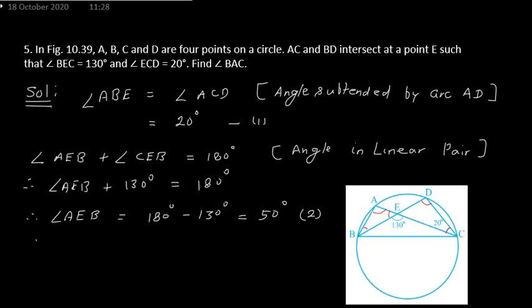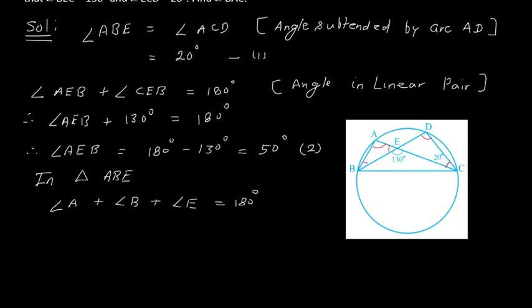Now in triangle ABE, angle A plus angle B plus angle E is equal to 180 degrees, sum of three angles of a triangle. When I say angle A, I am talking about angle BAE. When I say angle B, I am talking about angle ABE, and when it is angle E, I am talking about angle AEB.